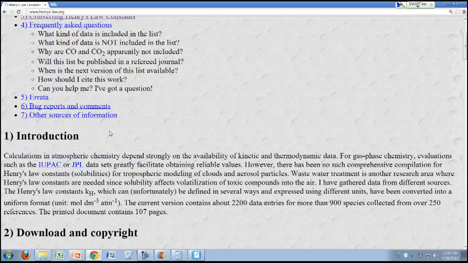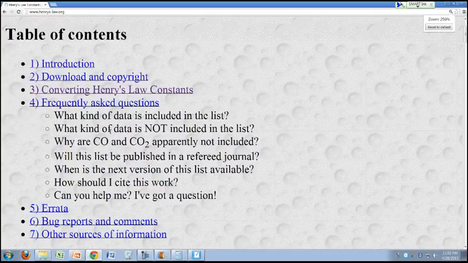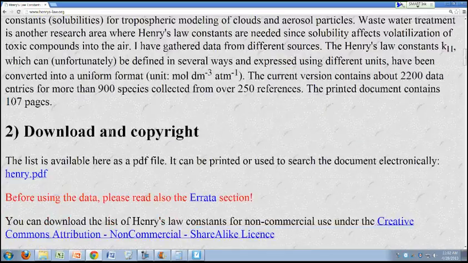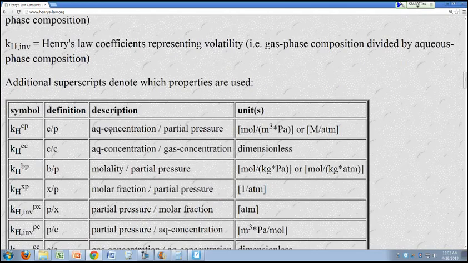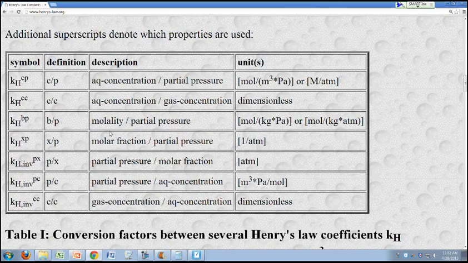If you look at this website, you'll notice there's many different ways of expressing the Henry's law constant, so different units. If you're interested in KH prime, the unit you want is a pressure unit. So what he calls here the K sub H inverse PX, that's the ratio of the partial pressure to the mole fraction. That will give you a unit in atmosphere.